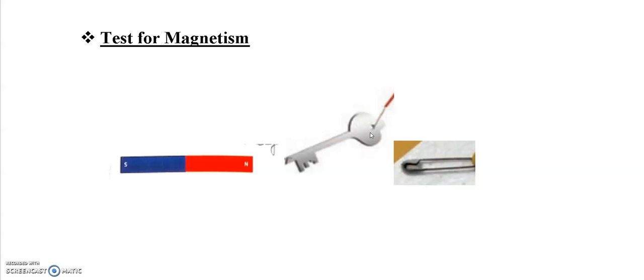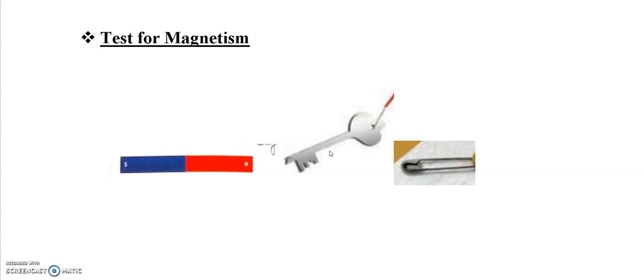Why is this getting attracted to this key? Because this key is not a magnet, but the reason behind it is that when we take this key closer to this magnet, the magnet would pass its magnetism to this key.